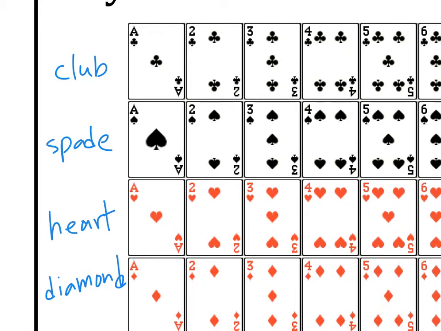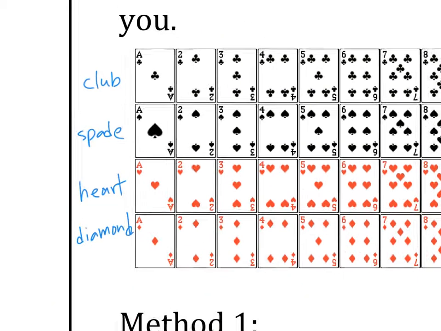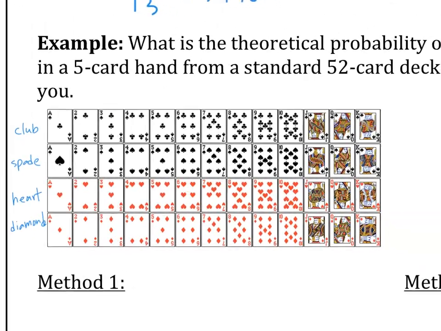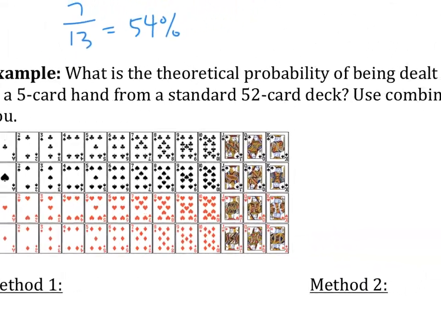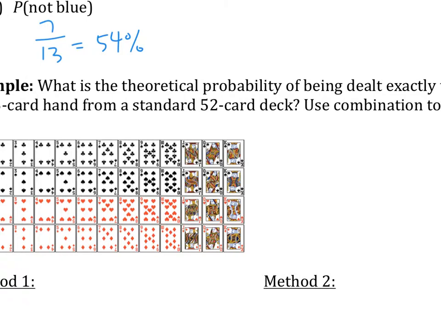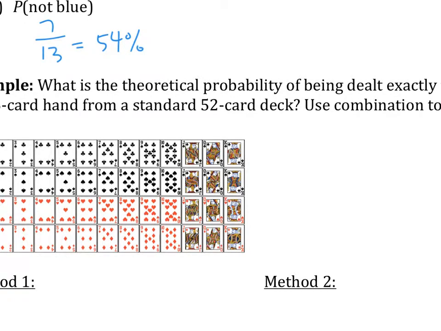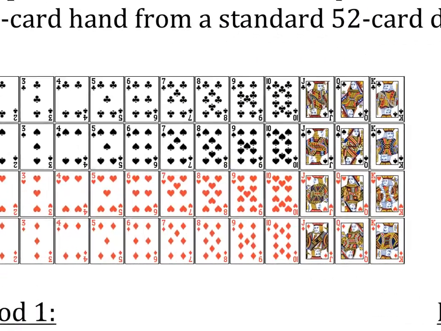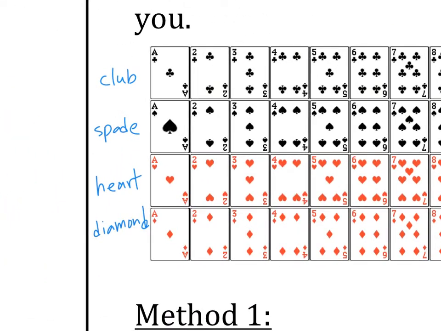All right, this next problem is tricky, so hopefully we will be okay. What is the theoretical probability of being dealt exactly 2 sevens in a 5-card hand from a standard 52-card deck? Does a 52-card deck include jokers?